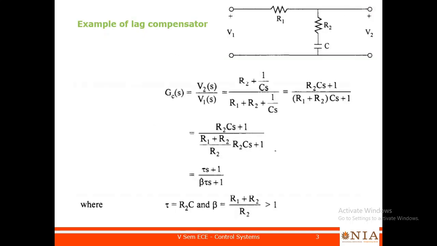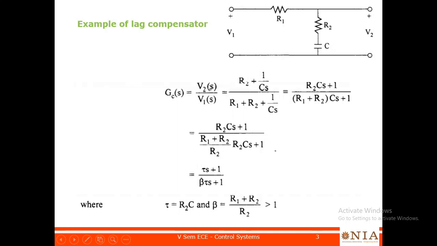So here is again an example, an electronic example, but for lag compensator: R1, R2, and C. Similarly, V1 is the input and V2, that is the voltage across this series combination R2 and C, is your output voltage.